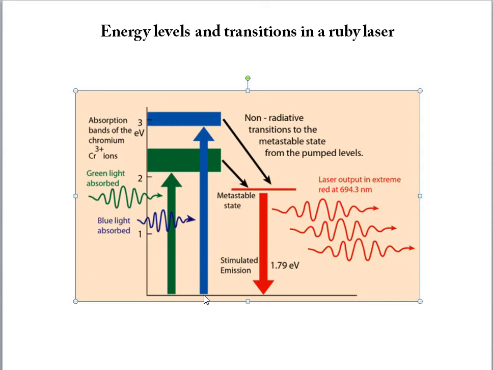This is one energy state, and when the electron in the ground state absorbs the green light, it is excited to another energy level. This is E2 and this is E1. And we know that the time period in these two states is very low.